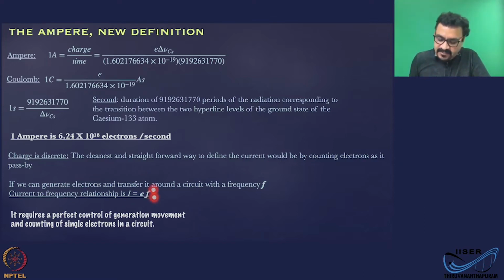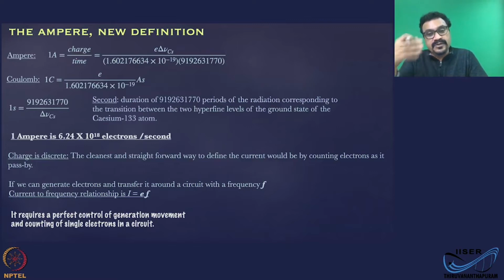So the current is I equal to e times f, where e is the charge of the electron and f is the frequency. But now the problem is the generation and transfer of electrons one by one, because the current is defined in terms of the number of electrons per unit time. So we need control over the generation and transfer of electrons through a circuit to define the unit of current precisely. And that is what we are going to discuss.